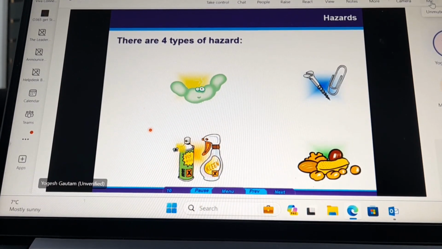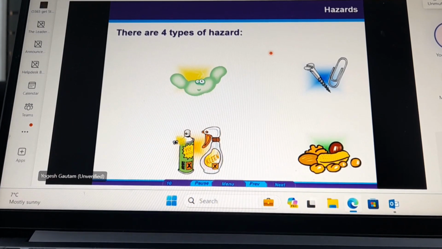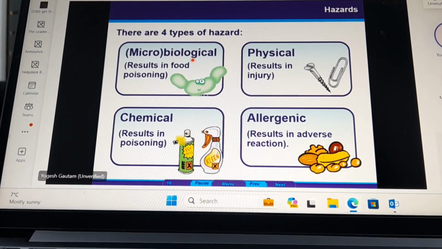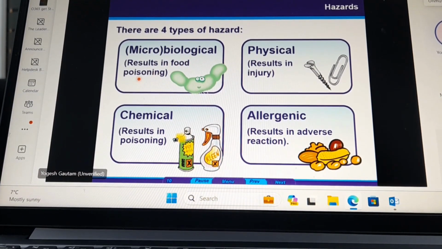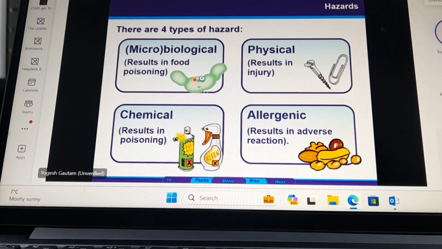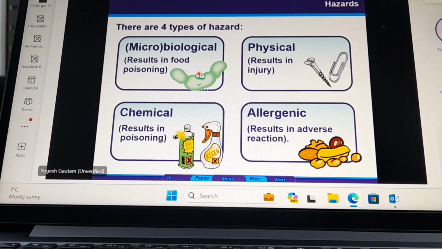Now there are 4 types of hazards, as you can see. These are 4 different types of hazards. One is microbiological or biological. They generally result in food poisoning. So this is basically the bacteria, virus, fungi. They all can cause food poisoning.